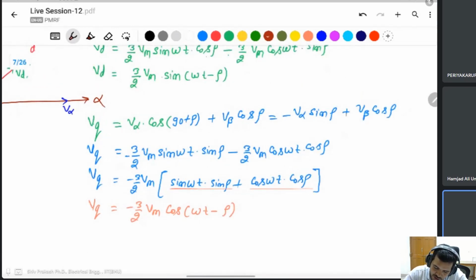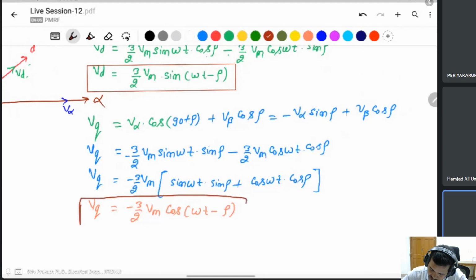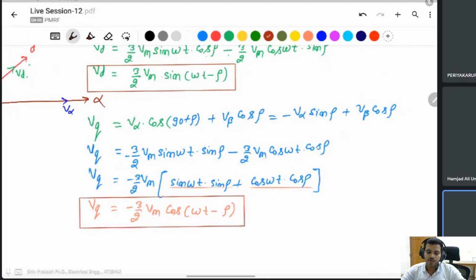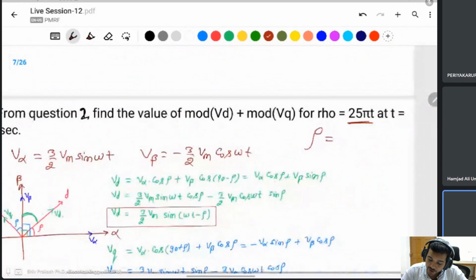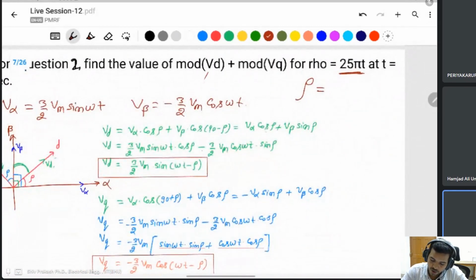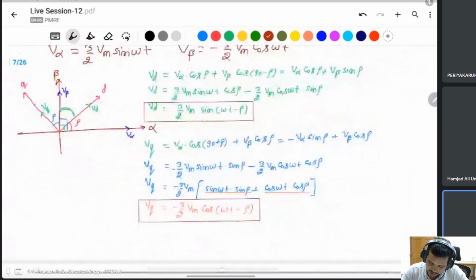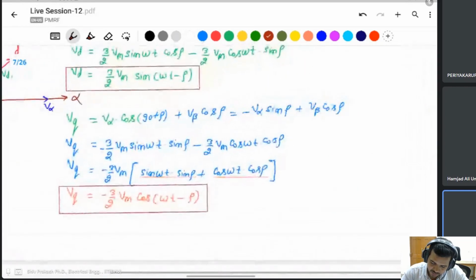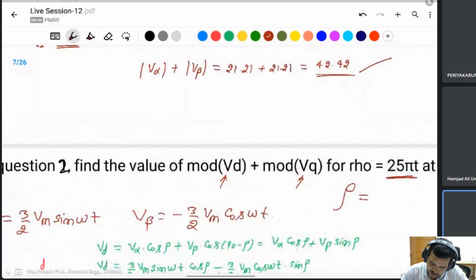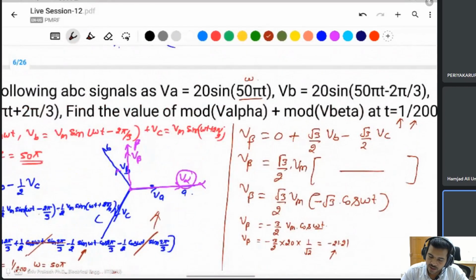You have two quantities, Vd and Vq, and we have calculated them. Now the question asks for the value of mod Vd plus mod Vq. Rho is 25 pi t, where t is 1 by 100, and omega in the question is 50 pi t.